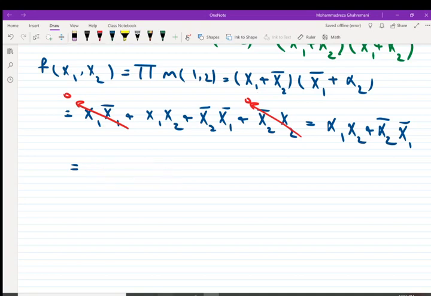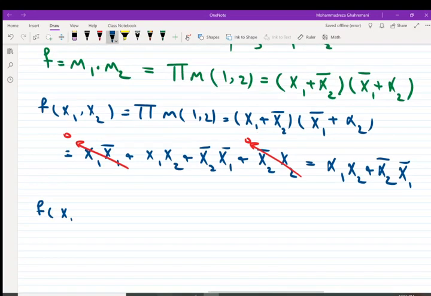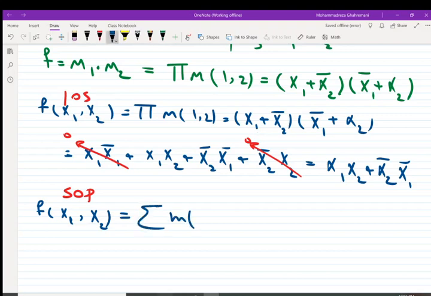In other words, the previous one was the function in the form of product of sum, and if I write the same function in the sum of product form, it's equal to sigma min terms 0 and 3, which is equal to x1 x2 plus x1 bar x2 bar.